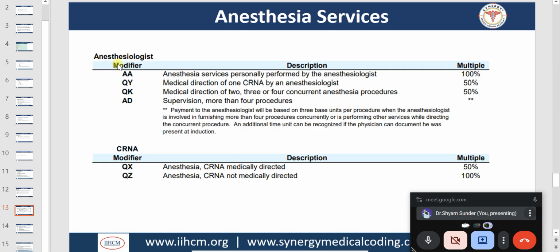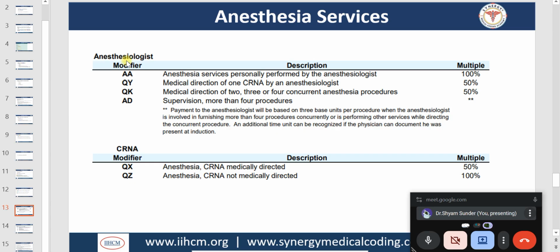So there are two modifiers applicable for CRNA. But for an anesthesiologist himself or herself providing AA, we have three additional modifiers. Imagine there is a hospital with three operation theaters in a row. Simultaneously, three surgeries are going on, with three surgeons operating. We have only one anesthesiologist, but three CRNAs.